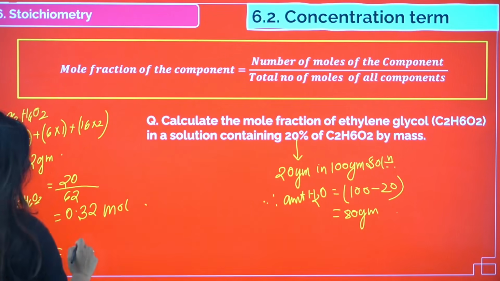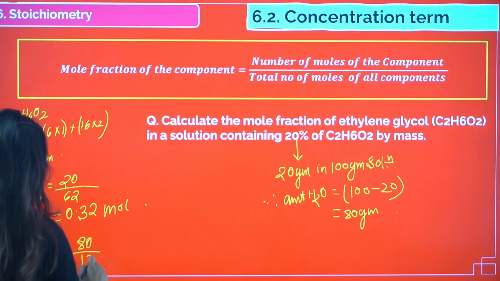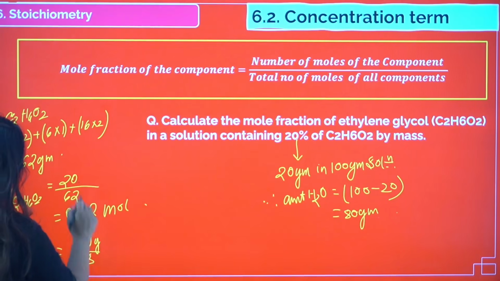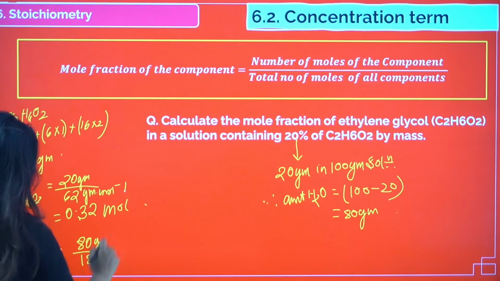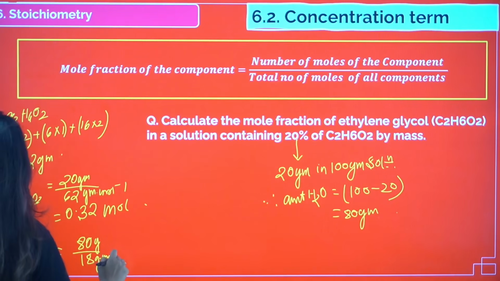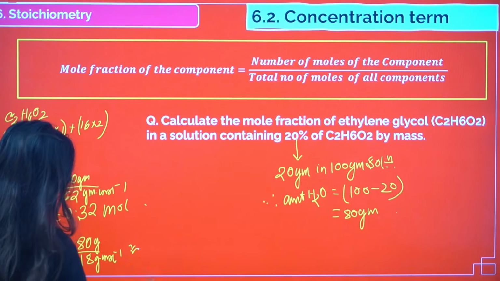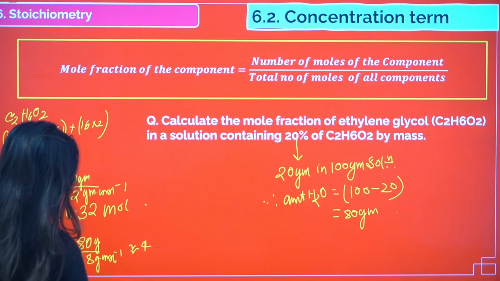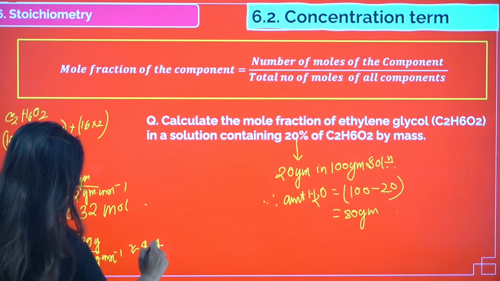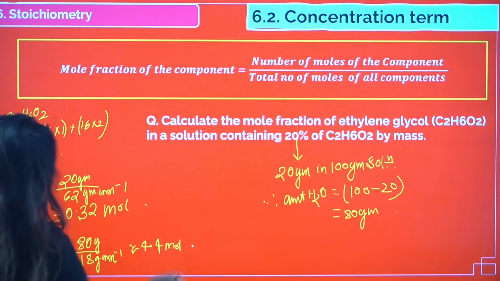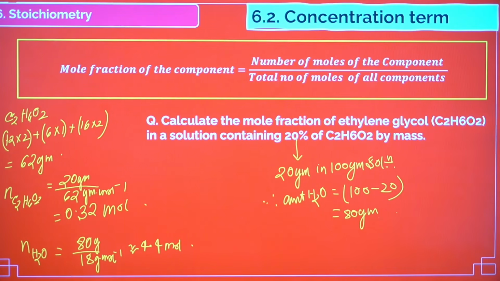So given weight is 80 gram divided by 18 gram per mole. This is an easy calculation. You can proceed with 4.4 something mole. Okay, so number of moles we got.